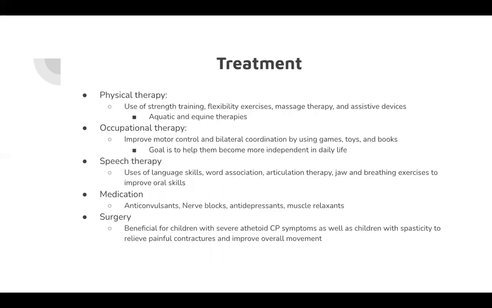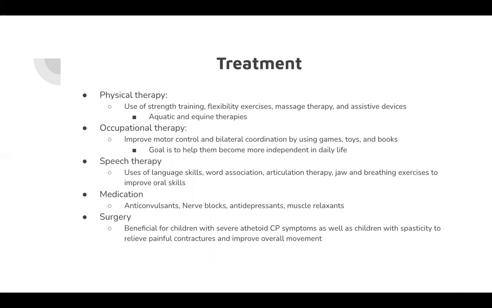For treatments, there's physical therapy, which uses strength training, flexibility exercises, massage therapy, and assistive devices, such as aquatic and equine therapies. Occupational therapy improves motor control and bilateral coordination by using games, toys, and books. The goal is to help them become more independent in daily life.